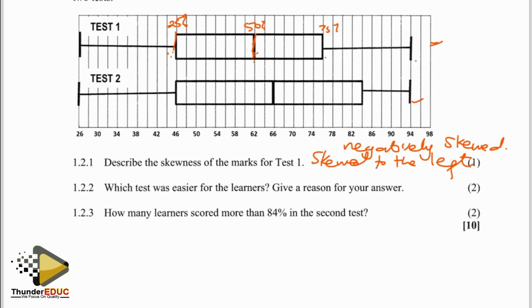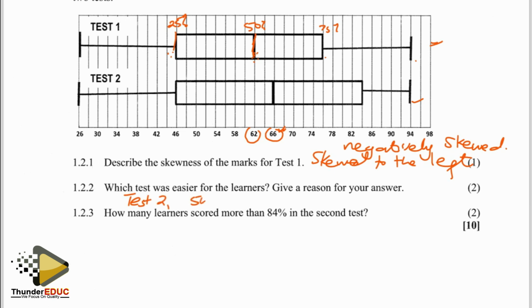Okay, and 50% got below, which means 8 learners got more than 62 marks. And then when I look at test 2, 8 learners got more than 66, either 66 or more. So the fact that more learners are getting higher marks in test 2, then we can draw a conclusion and say that test 2 was easier.